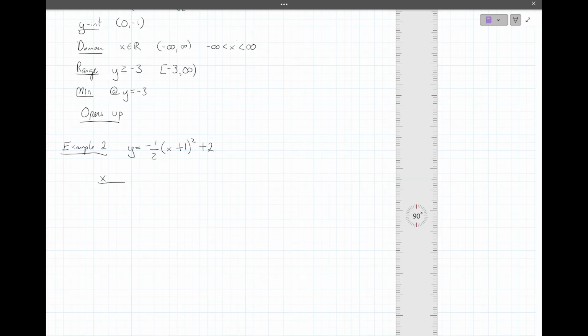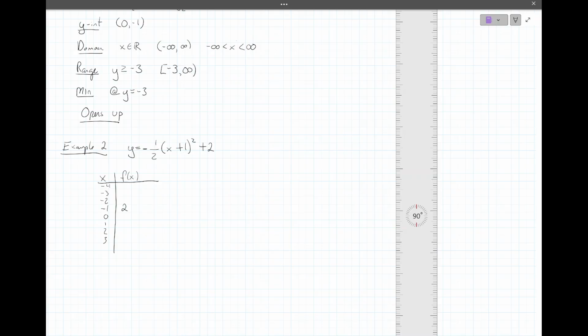And x values, f of x, we know we're going to start at -1 for our middle. -1, 0, 1, 2, 3. -2, -3, -4. Let's start here at -1. That's 0, so that'd be -1 and 2. I know this opens downward because of the negative in front, so all my values from this point should be decreasing, right?